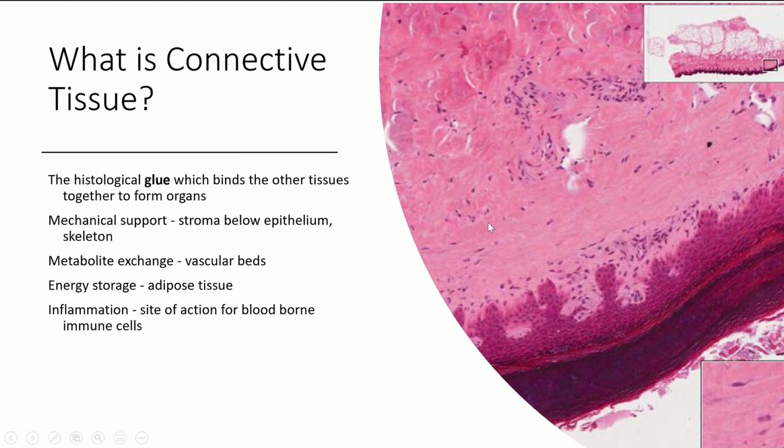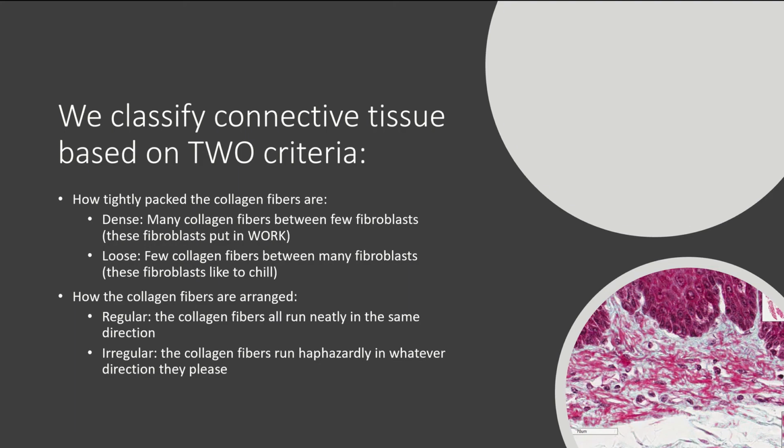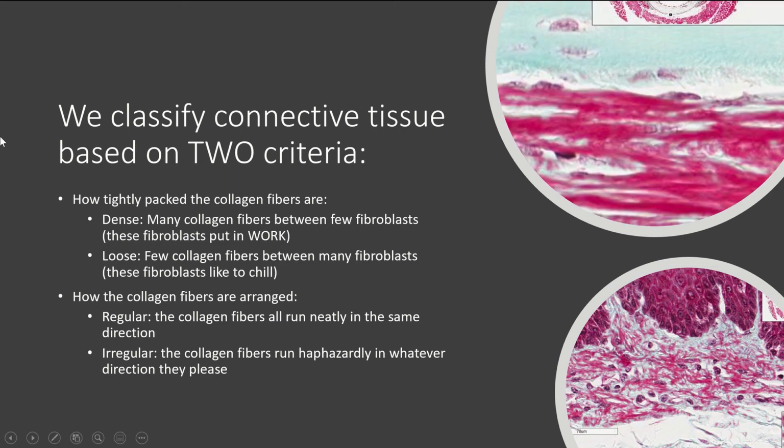And so that is what connective tissue is there for. It allows for these white blood cells to go in to save the day, to fight off bacteria. That is the site of action where those white blood cells fight off this battle between them and the bacteria. All right, so just like we had two little classification methods for epithelium, we have a different kind of binary naming system that works for connective tissue.